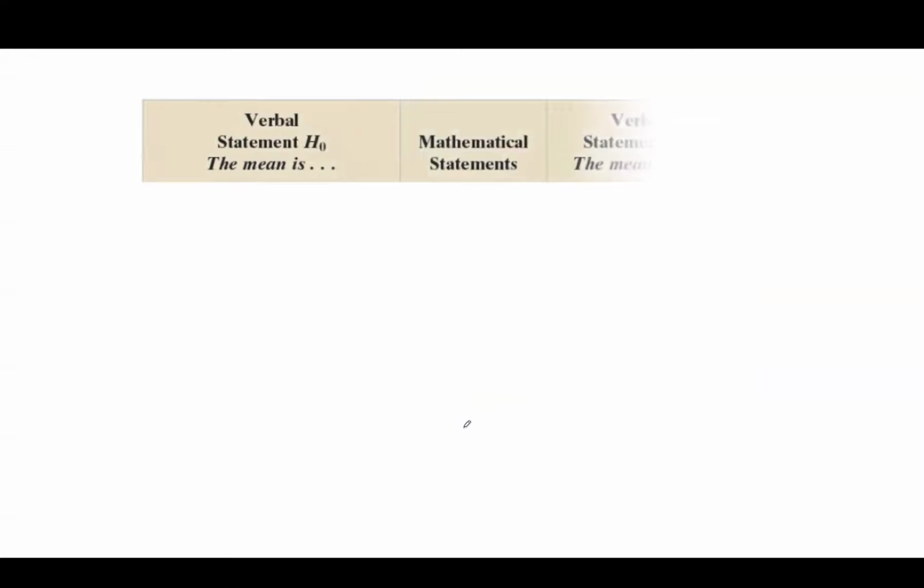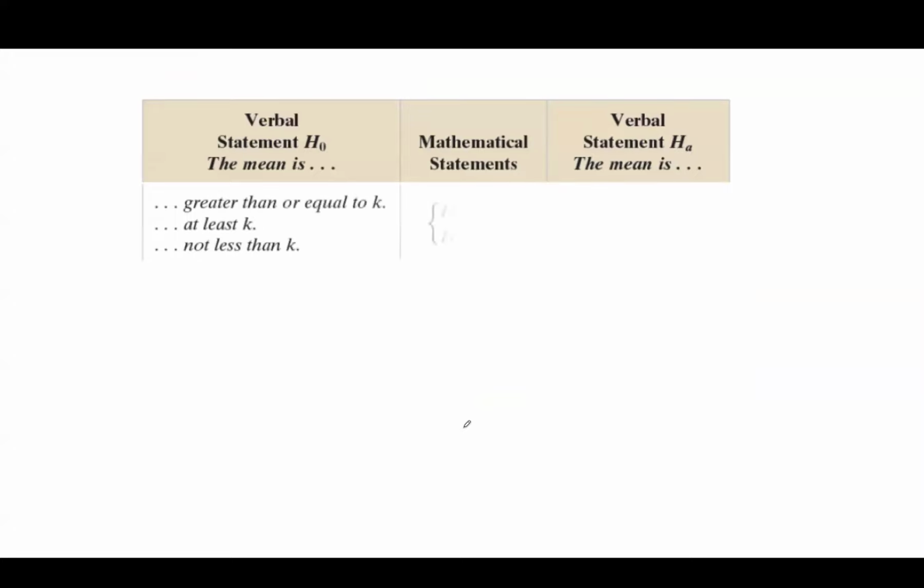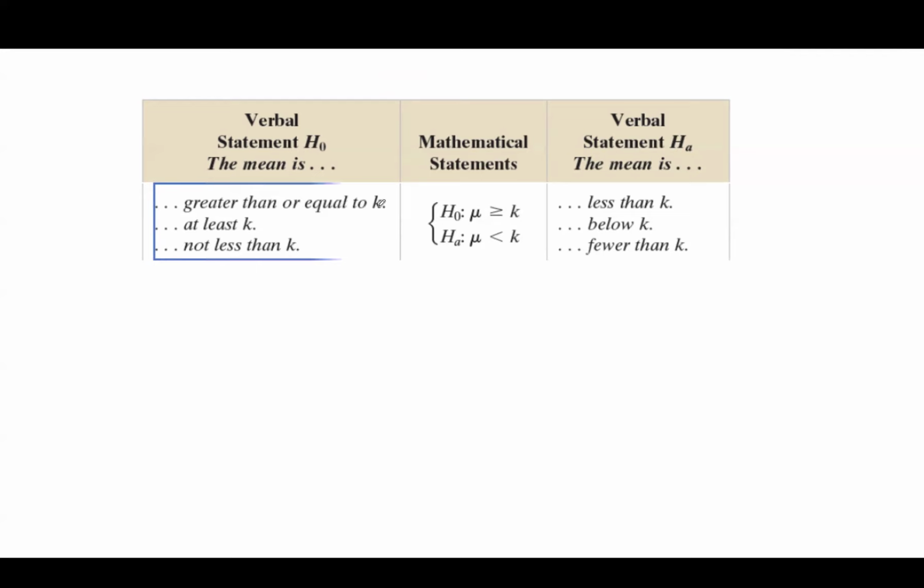So how do we convert keywords and help writing null and alternative hypothesis? Your job is to find keywords in the question and convert them into a mathematical statement and decide which one is null and which one is alternative hypothesis. For example, if you see a set of keywords like greater than or equal to, at least, not less than, it means that your null hypothesis is given to you.